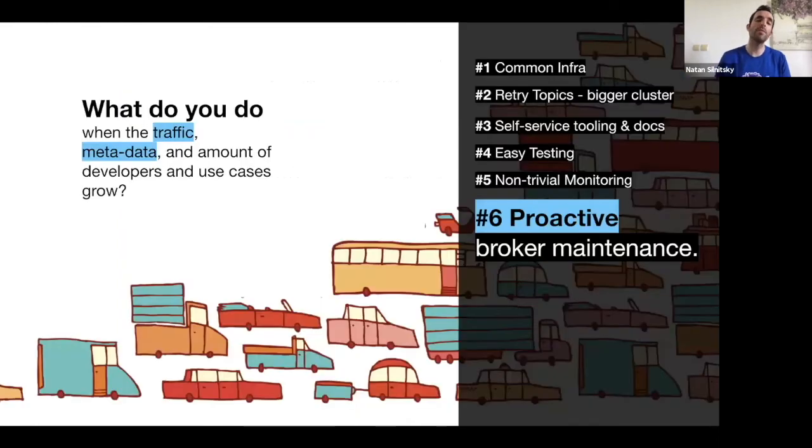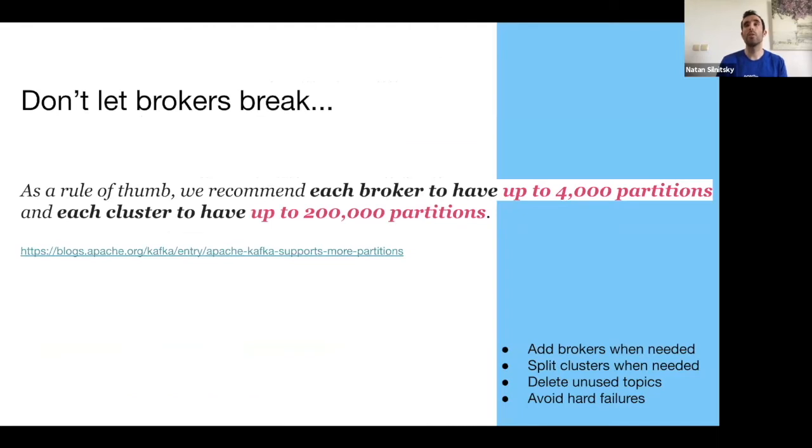And when you have a bigger amount of traffic and metadata, topics and partitions and brokers, you want to be proactive about broker maintenance. And this is the 6th lesson. You don't want to wait for the brokers to have considerable slowdown because they have too many partitions.